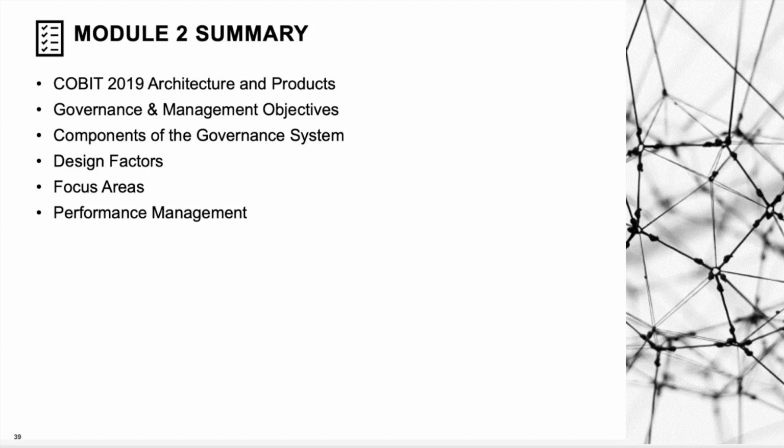We looked at the various design factors that provide an input towards your governance system. We looked at the focus areas, which are basically functional areas and logical combinations within COBIT itself. And last but not least, we looked at performance measurement based on both capability levels as well as maturity levels. So that's a very brief summary of everything that we've covered in the second module.